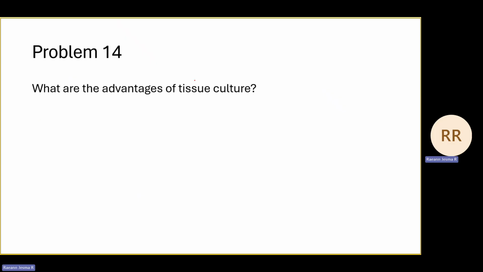So tissue culture is a technique where we are growing cells or tissues in an artificial environment separate from their parent organism.